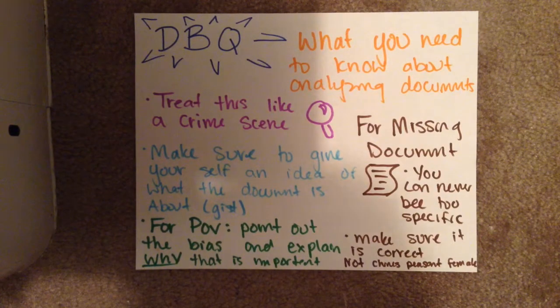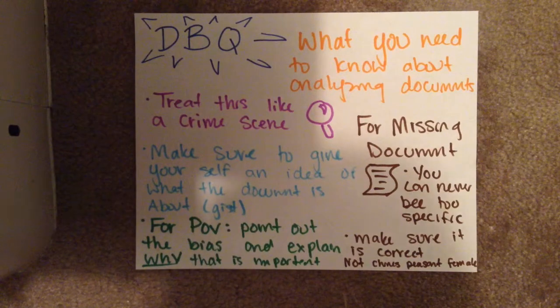It's also important to point out a POV and show the bias of the author and why that's important, whether or not it changes the validity of his statement or just affects it.